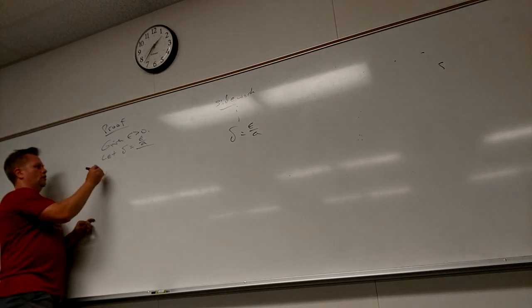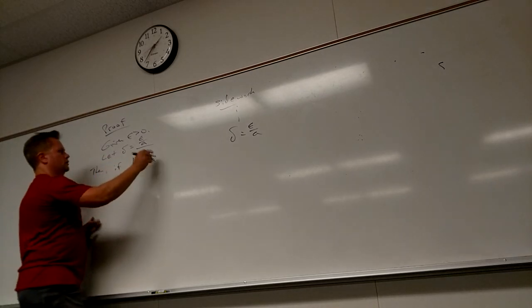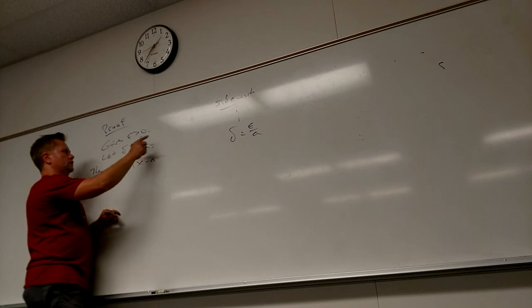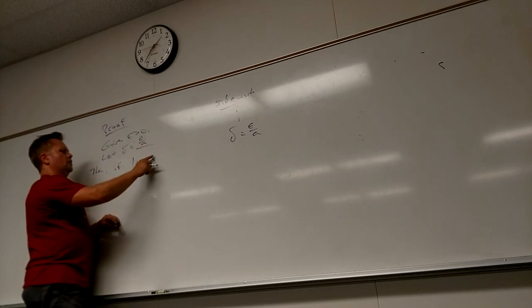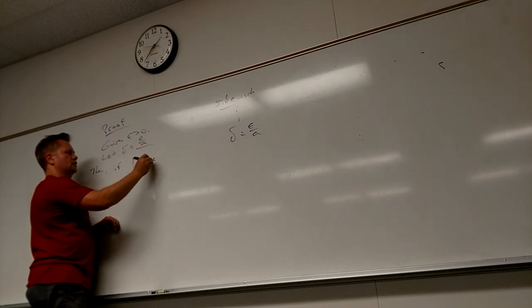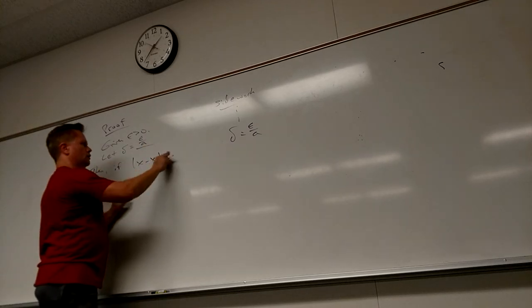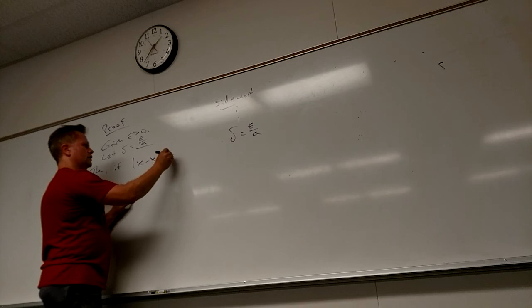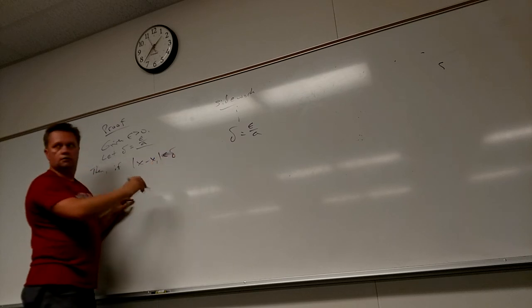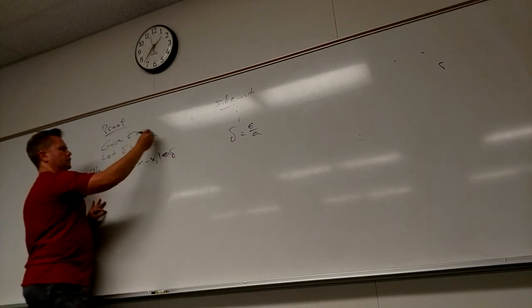Then, if the absolute value of x minus x1, well, I'm using a in a few different places. X minus x1, whatever the thing is I'm approaching, is less than delta. Then replace delta with what it is.